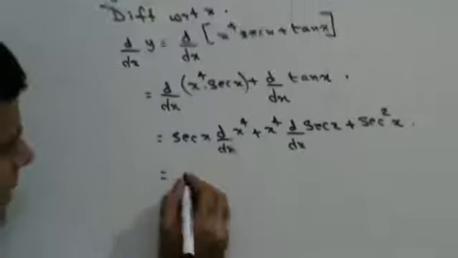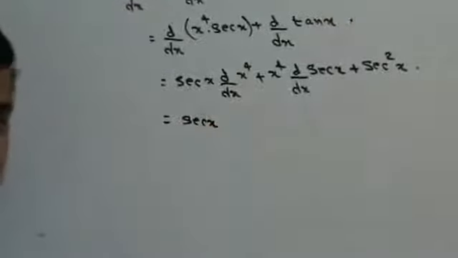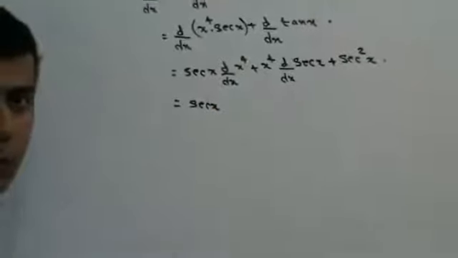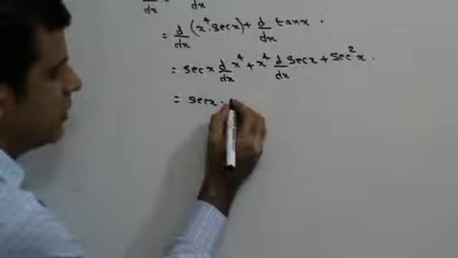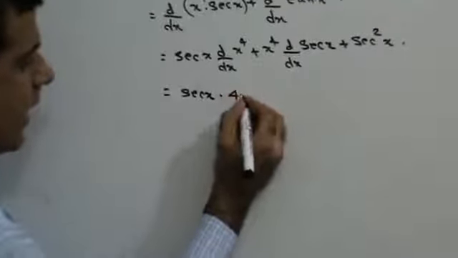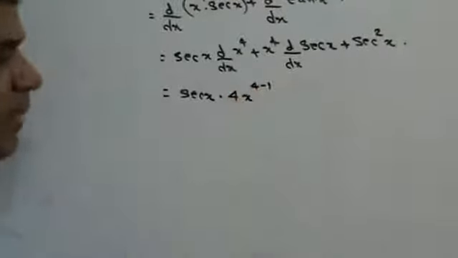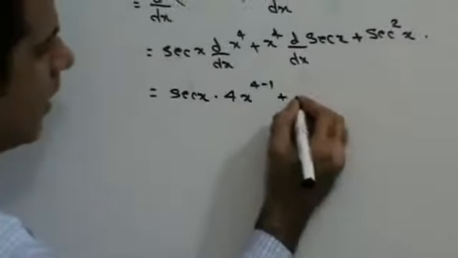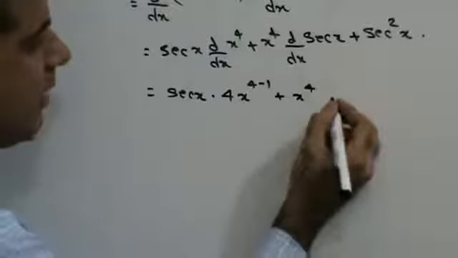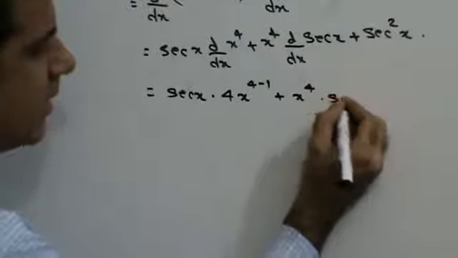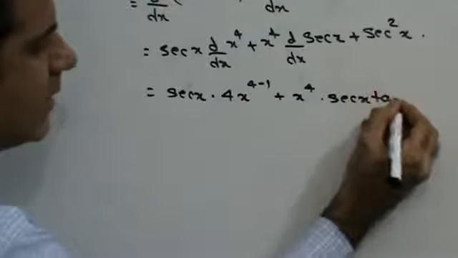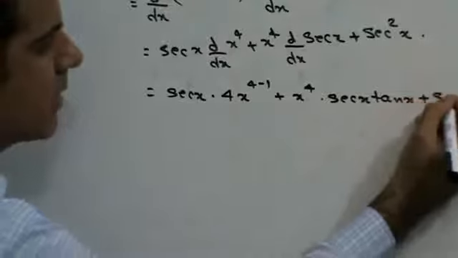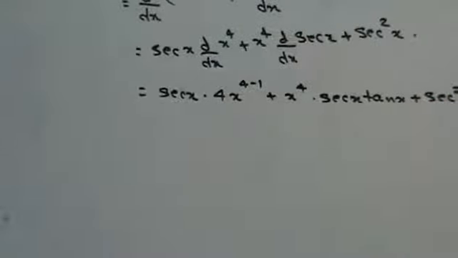This is going to be sec x dy dx of x raised to 4. You will apply the formula dy dx of x raised to n, n x raised to n minus 1, plus x raised to 4. Dy dx of sec x is nothing but sec x tan x, plus sec square x.